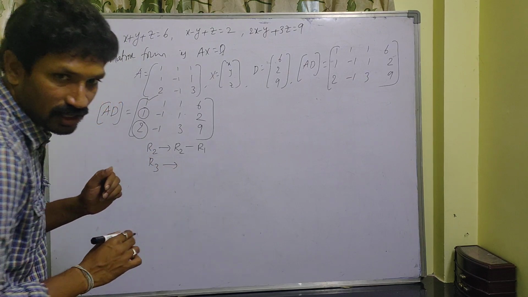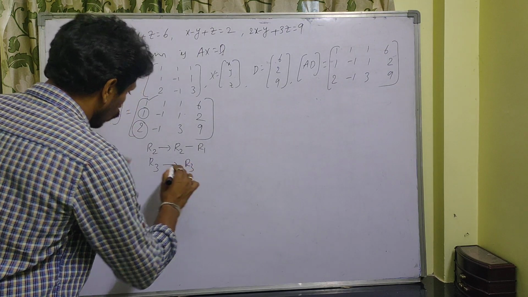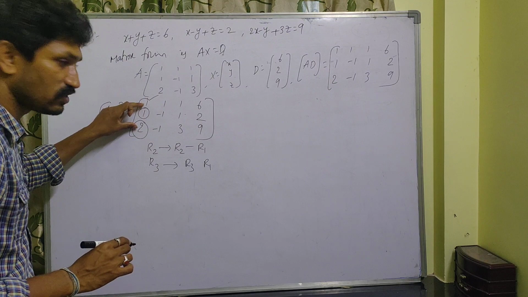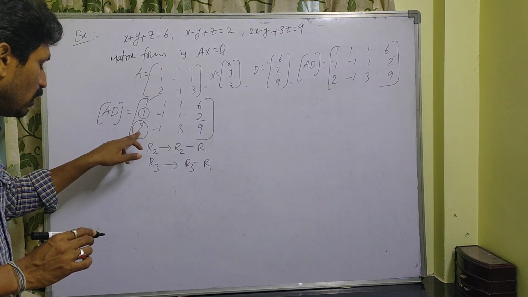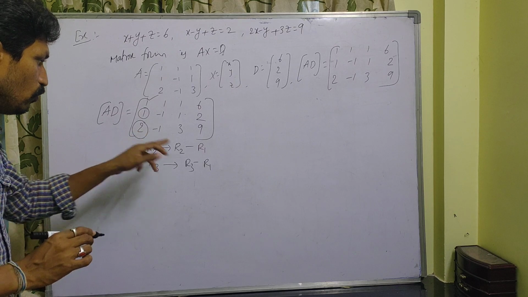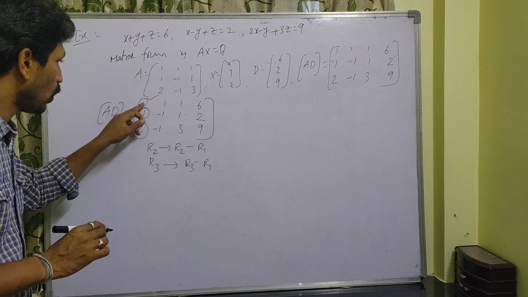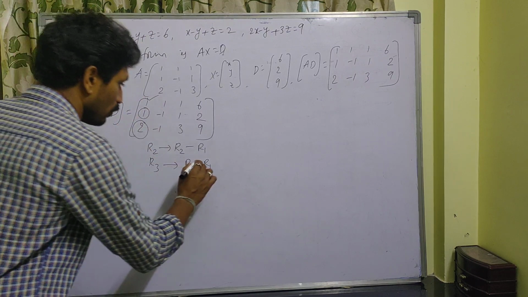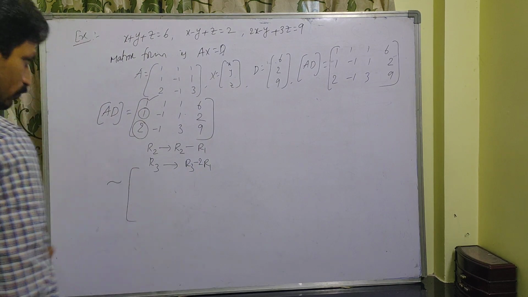R3 has 2 and R1 has 1, so both have the same sign, so keep minus. Write 2 at R1 and 1 at R3, so R3 becomes 1 into R3 minus 2 into R1.